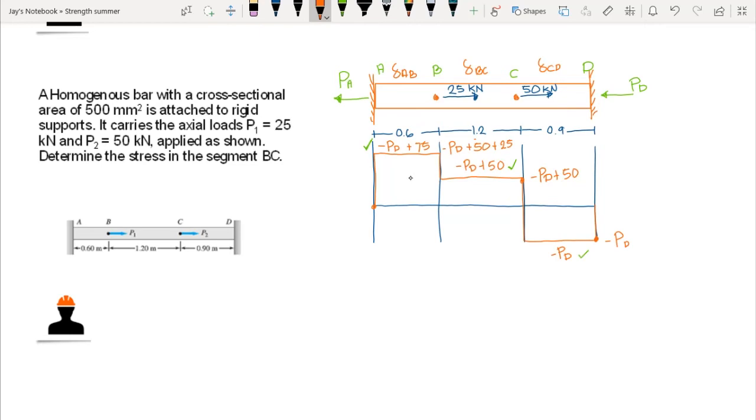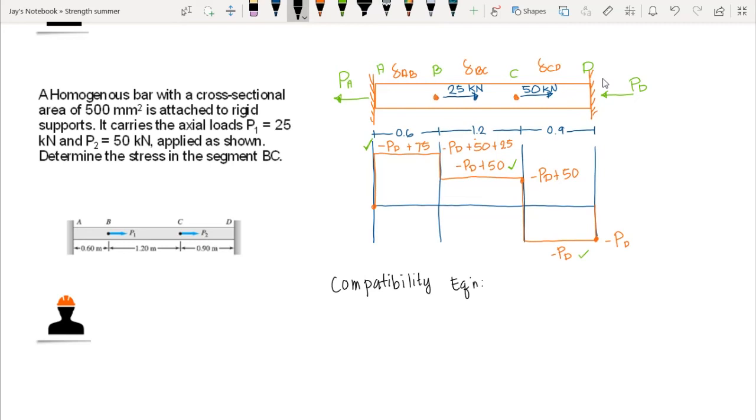So in this case, we will try to look for a compatibility equation. Now, since we know that our ends A and D here are rigid, there will be no movement of A or D in any direction, correct? Since we have fixed ends.